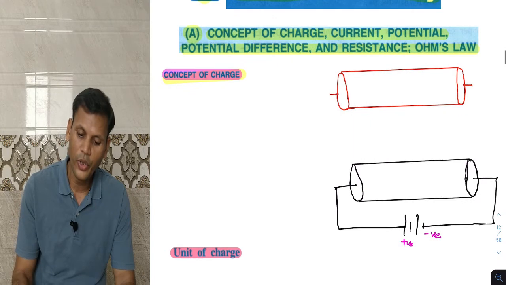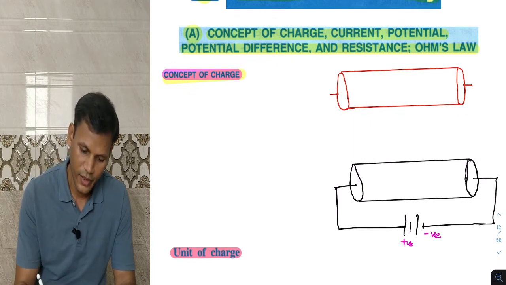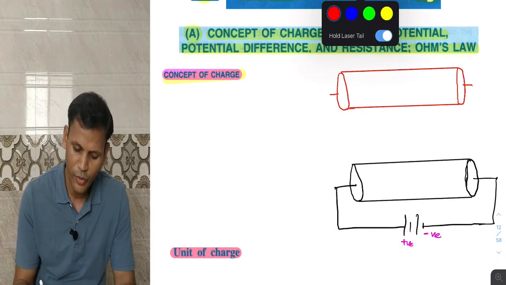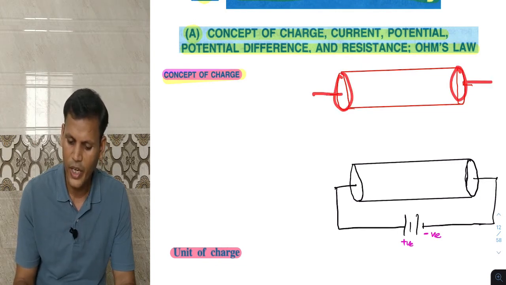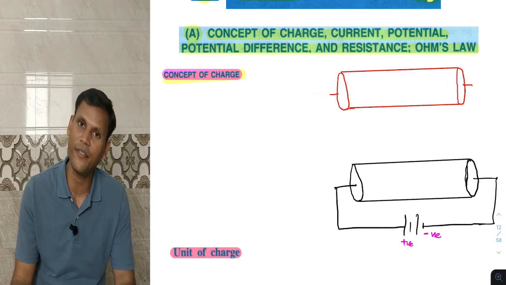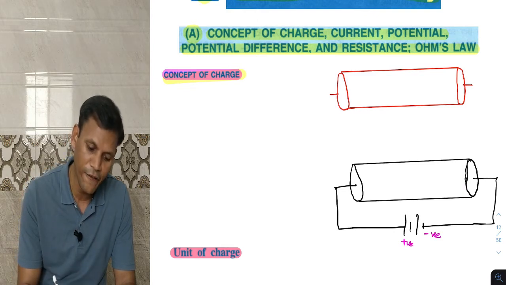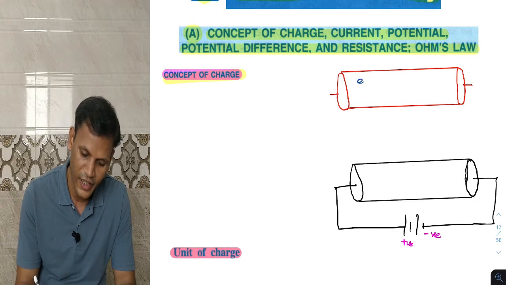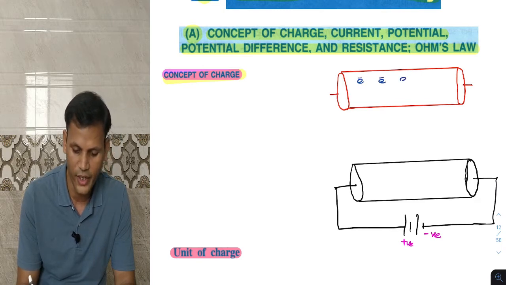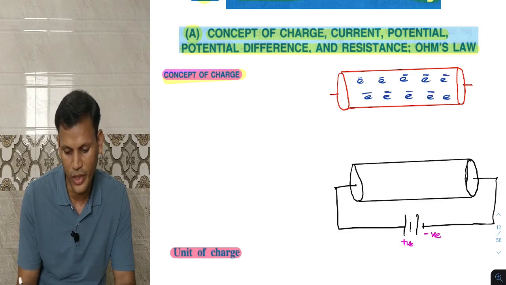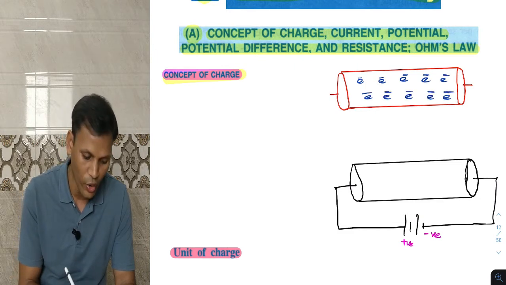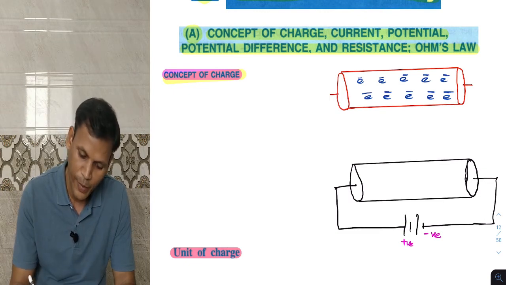Now concept of charge. We will talk about a conductor. Suppose this is any conductor. Inside the conductor there are free electrons, and free electrons are always in random motion. Their motion is not oriented in any particular direction.